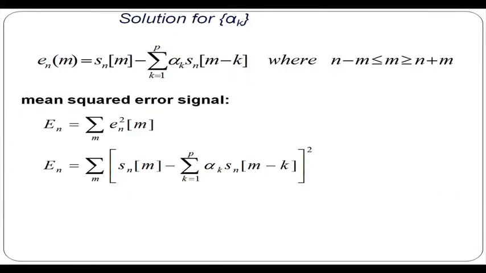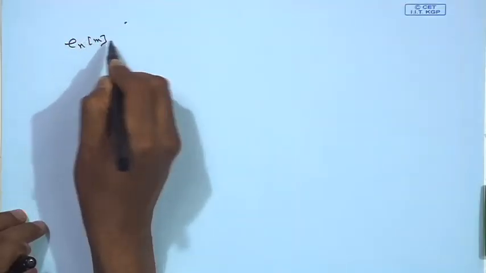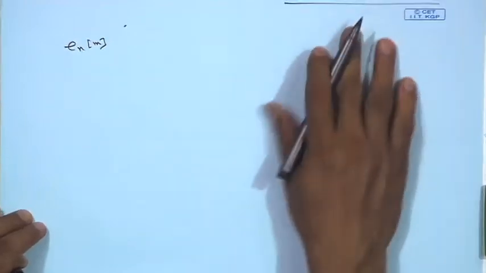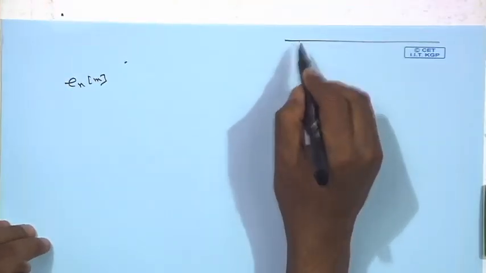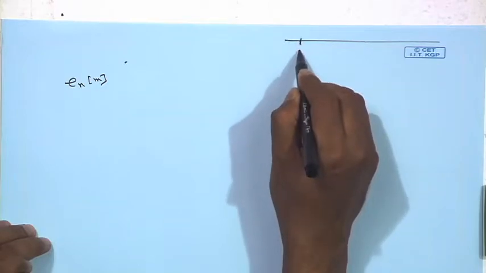So, I can say my estimation is alpha k. Let us say there is an m number of speech signal samples, and I take the nth position.